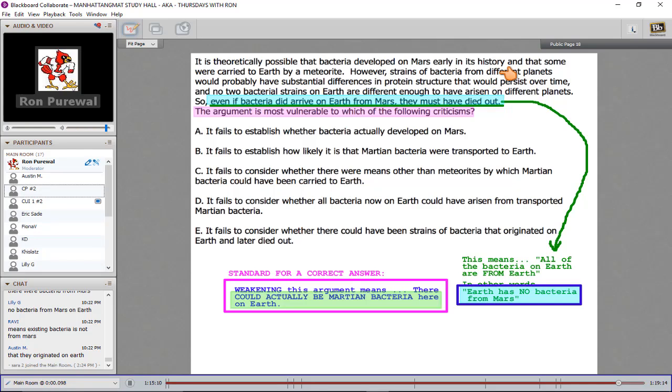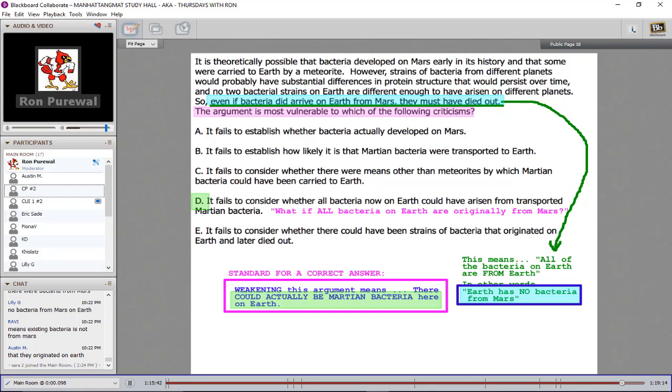If you read the paragraph, what the paragraph says is that if you look at all the bacteria, they all look the same. And if they were from a different planet, they should look different. So you have choice D, which is like, what if all of the bacteria on Earth are actually from Mars? Sure.